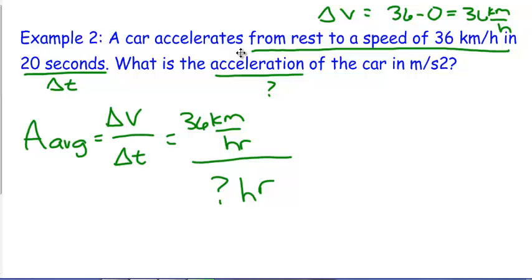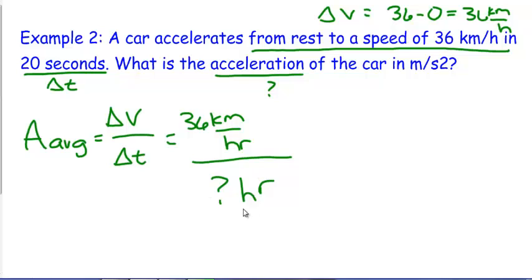So I know my equation is acceleration is equal to delta v over delta t. I have delta v in kilometers per hour. I do have a delta t, however, it's in seconds, and I know that I have to make sure that my units match up. So when I need to do a unit conversion, I usually go back to dimensional analysis.